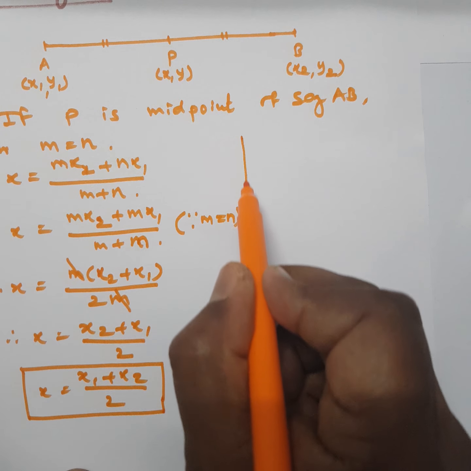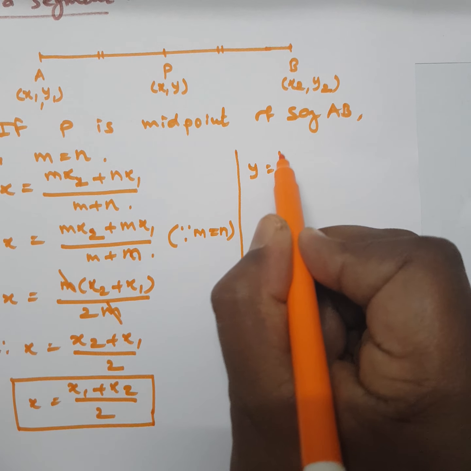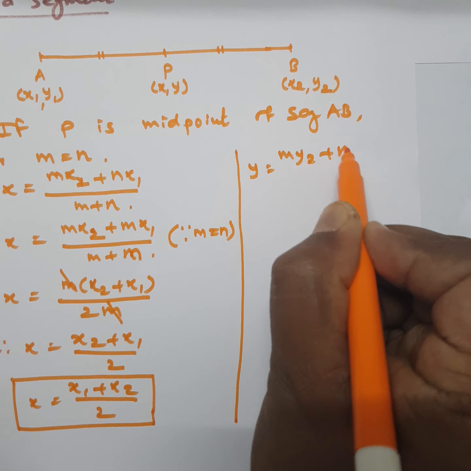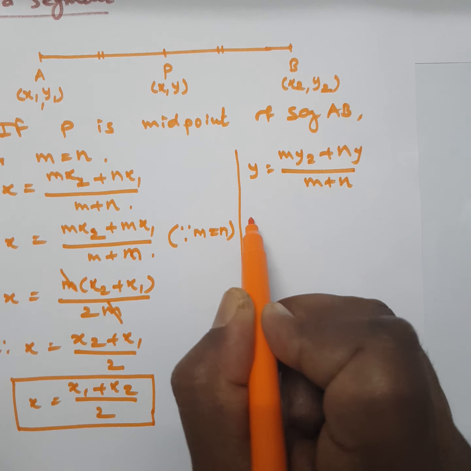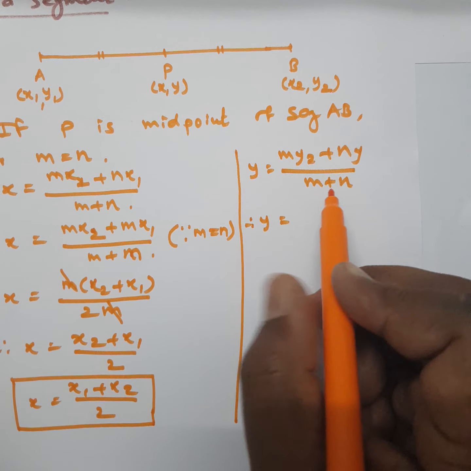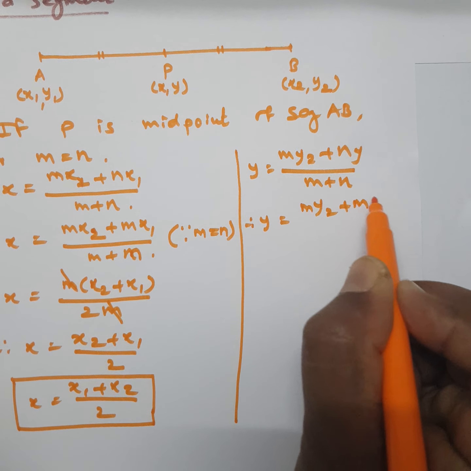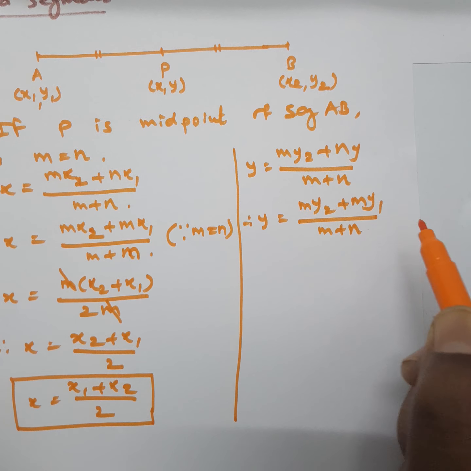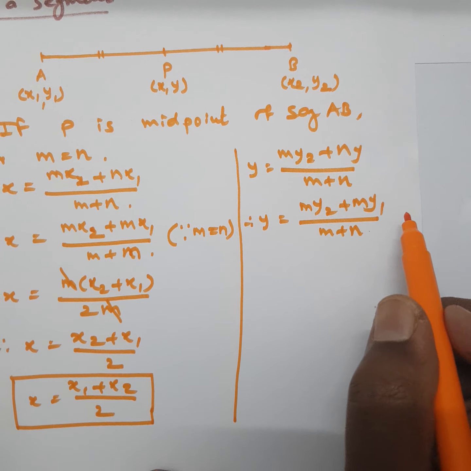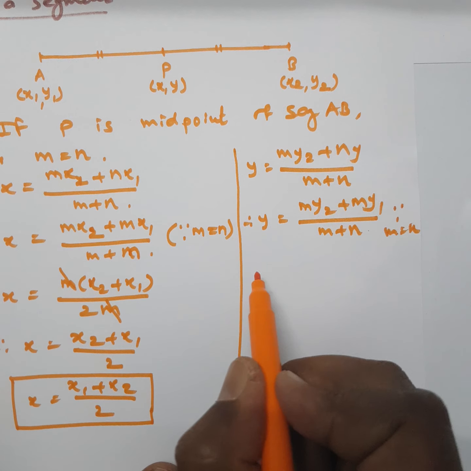Then for the y coordinate, similarly, y is equal to (my2 + ny1) upon (m + n). Therefore, y is equal to (my2 + my1) upon (m + m). Why? Same, m is equal to n.